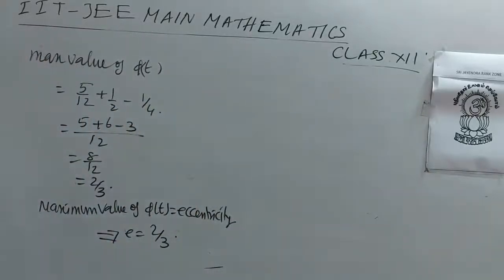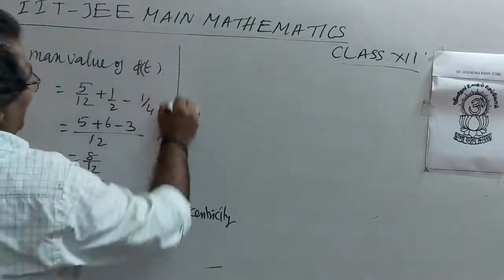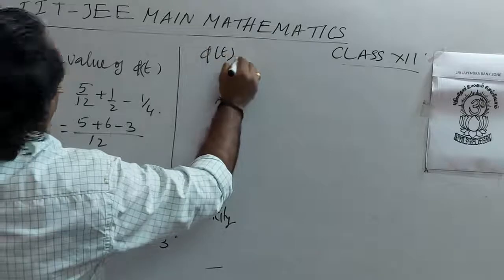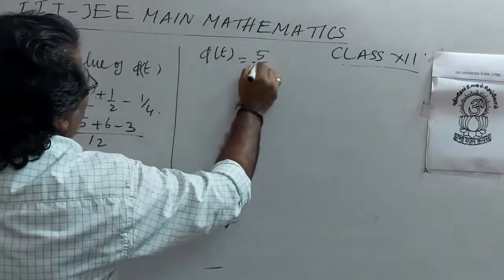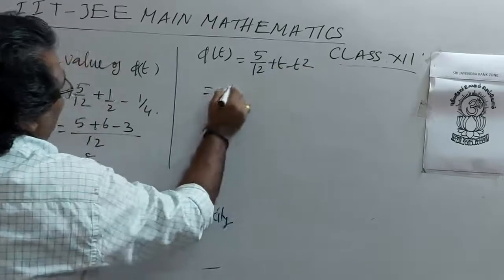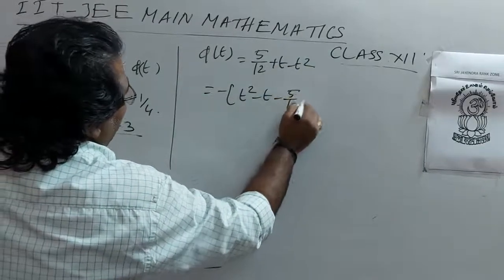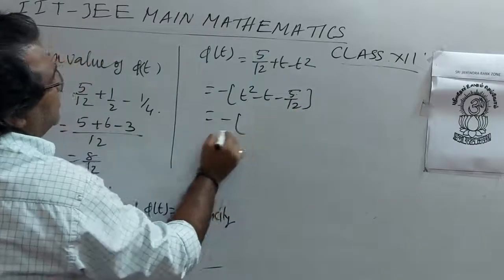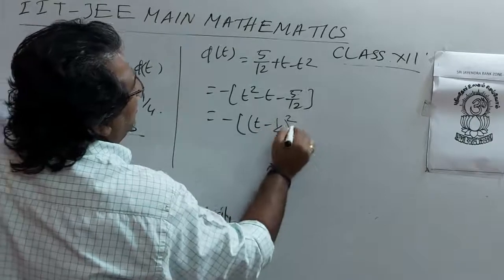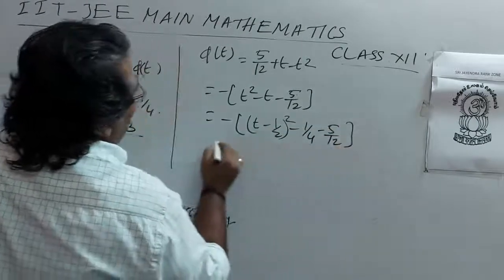But without using calculus you can find the result. Another method to find this maximum value: you take phi of t, that is 5 by 12 plus t minus t squared. You take minus in common: t squared minus t minus 5 by 12. Make it a perfect square: t minus 1 by 2 the whole squared, minus 1 by 4 minus 5 by 12.